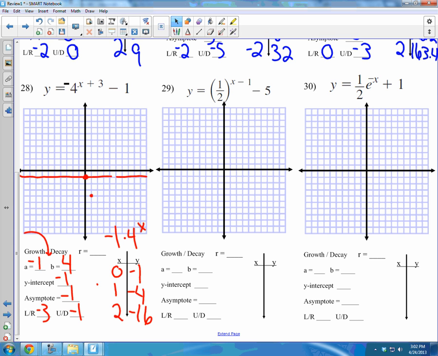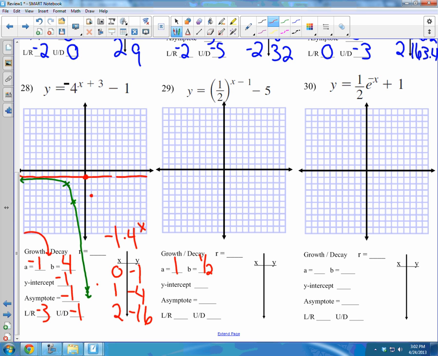Everything's going to go left 3 and down 1. And this left 3 over here, down 1, you could try to estimate where it would be. But now I'm going to do the coasting, and then instead of going up, it's going to flip and go down.